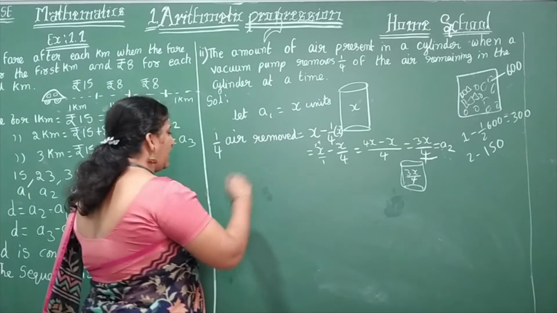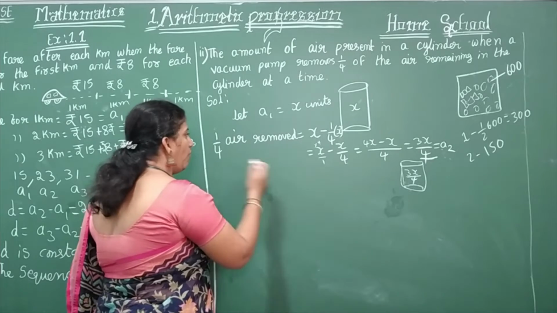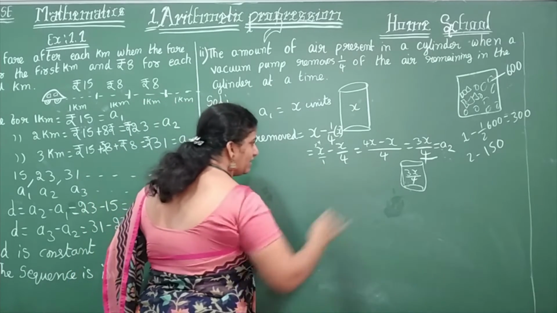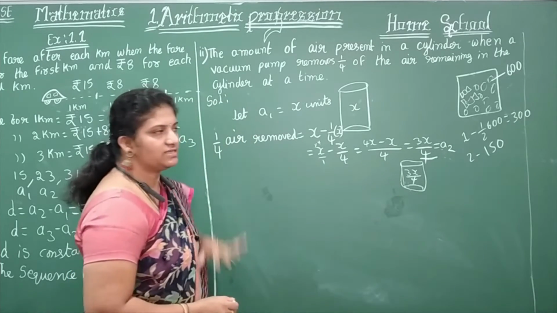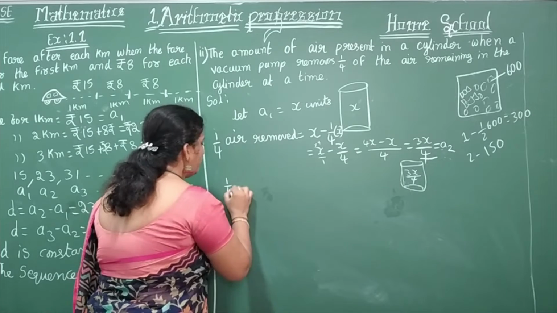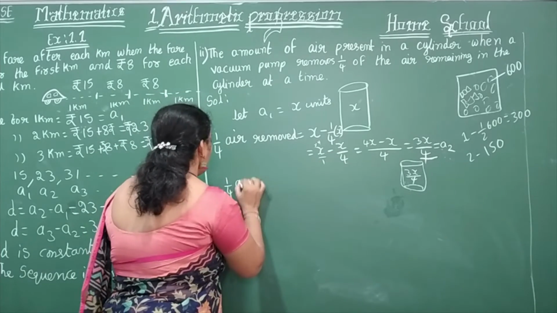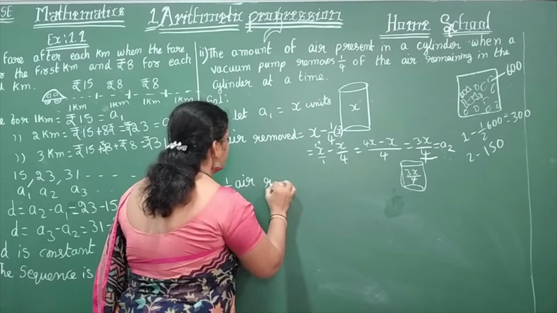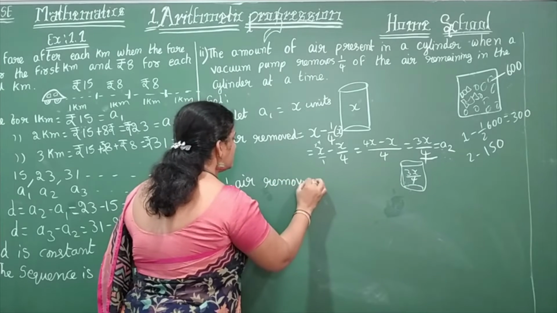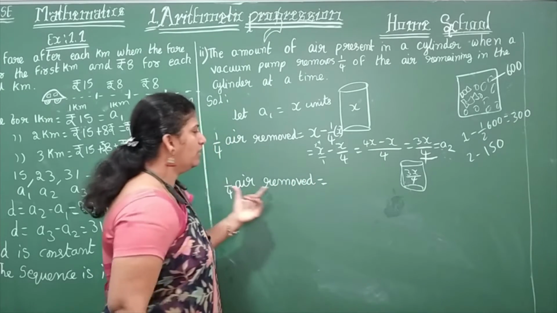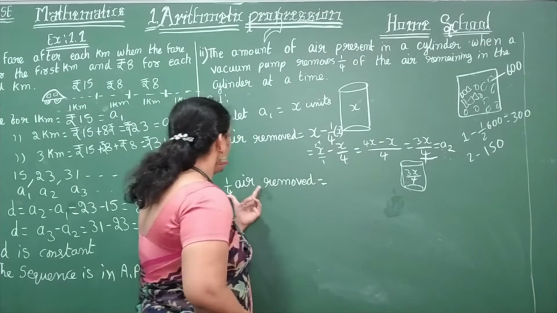Next step. Again, one more time you remove 1/4 of the air remaining in the cylinder. You can write the sentence neatly, children: remove 1/4 of the air which remained in the cylinder. 1/4 of the air should be removed. I am just writing a shortcut here. Next time, again I am removing 1/4 of the air.